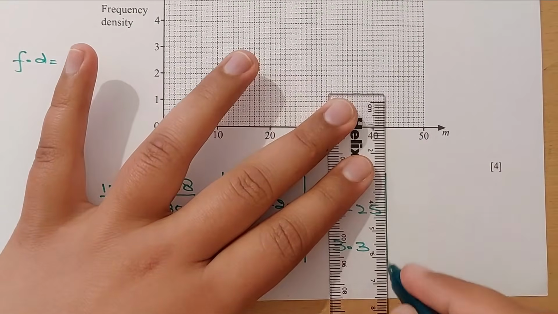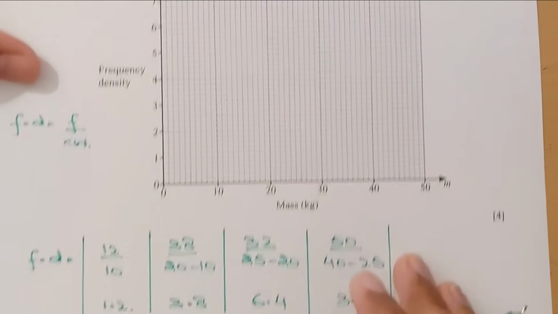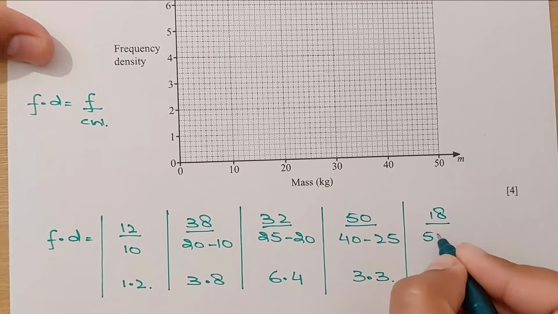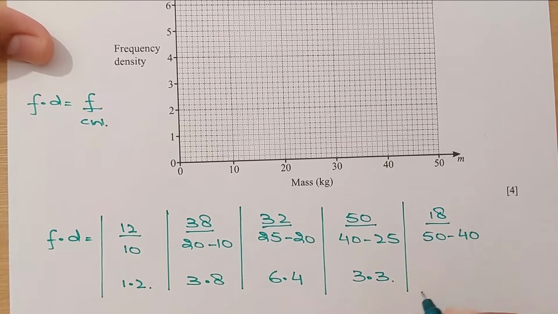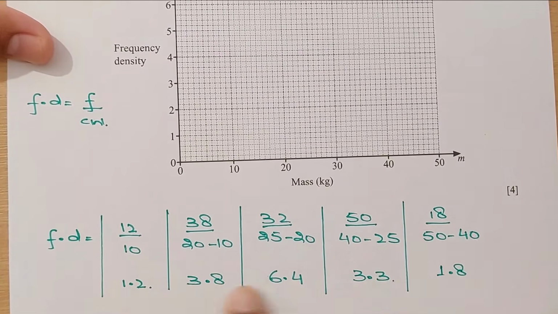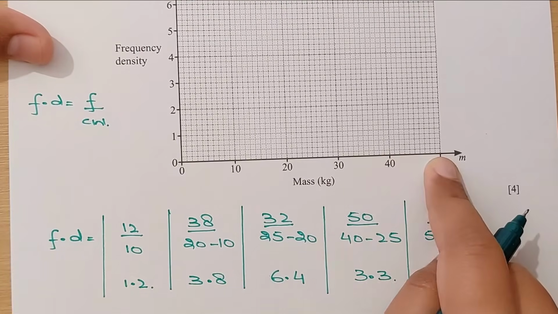Now for the last one, the last interval is 40 to 50, it is 18. So the frequency is 18 and 50 minus 40 is 10. 18 over 10 is 1.8. Now we have the frequency densities. We can draw the histogram, right?